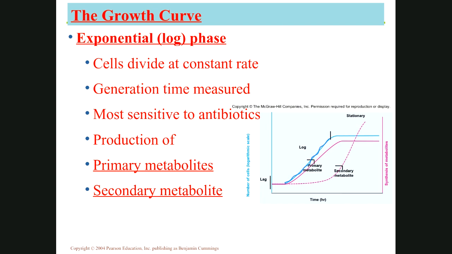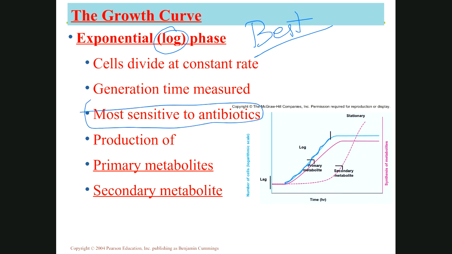That's the log or exponential phase. This is the best time to identify organisms, to make gram stains, to calculate generation time. This is the time when organisms are most sensitive to antibiotics because that's when they're actively dividing.